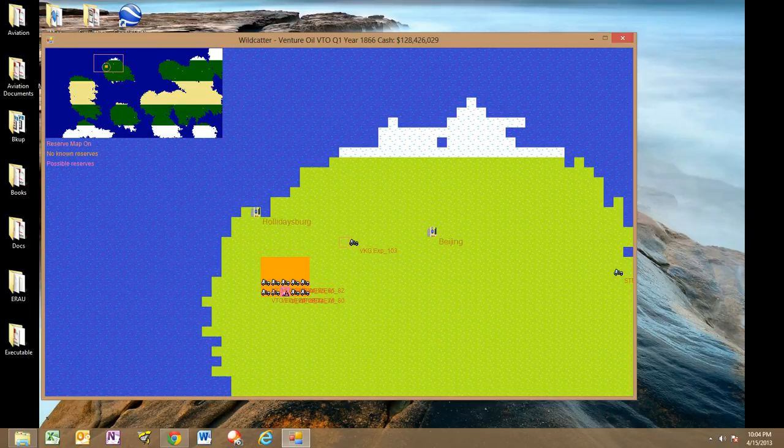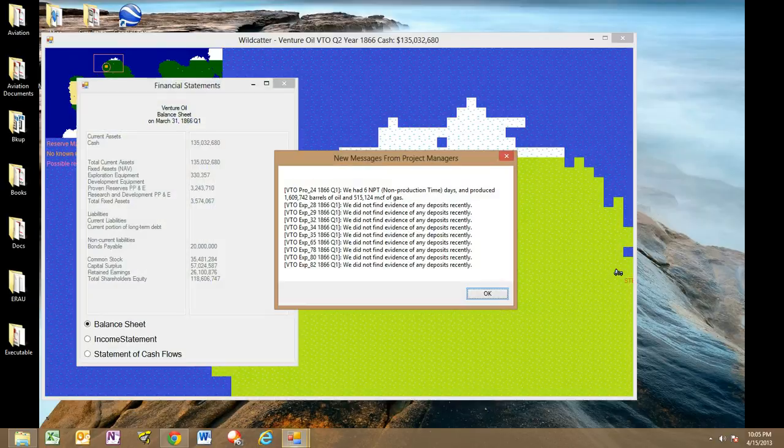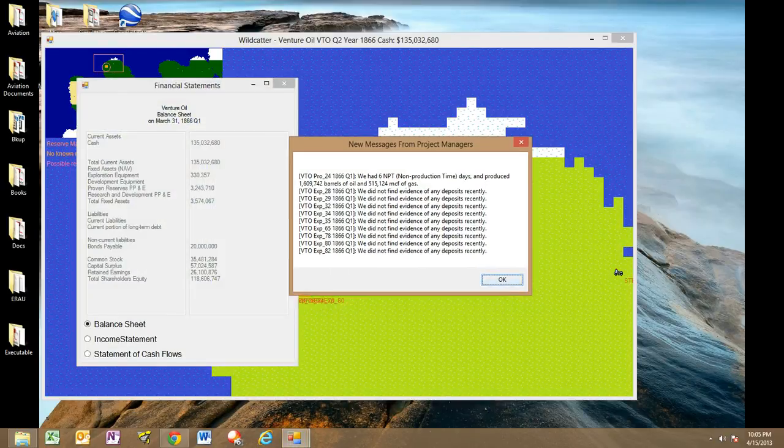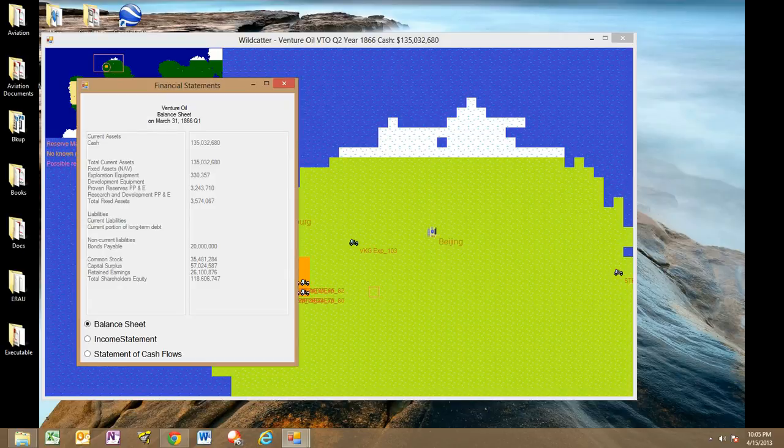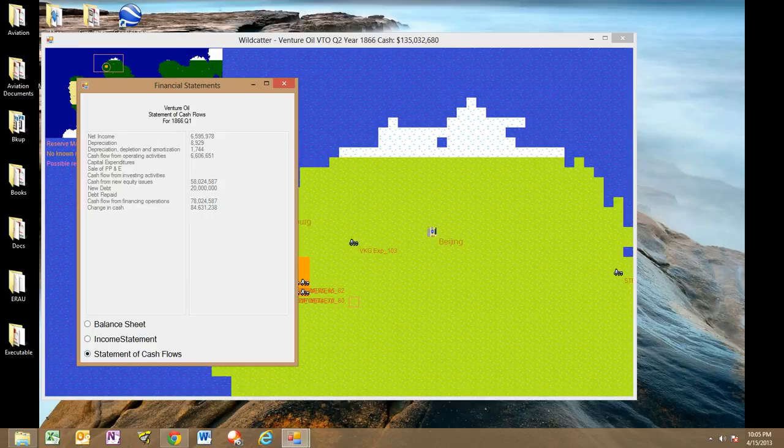At the end of this turn in our cash flow statement, we will see these activities that we just executed in the financing section of the cash flow statement. So let's take a look at that. Okay, we got our messages from our project managers telling us about what they've produced. Very well. And we wanted to look at our statement of cash flow. So we can see now we have the new debt, 20 million, and cash flow from equity issues.